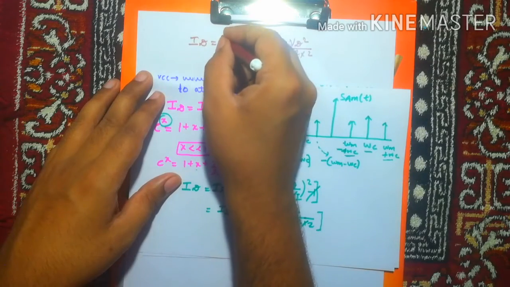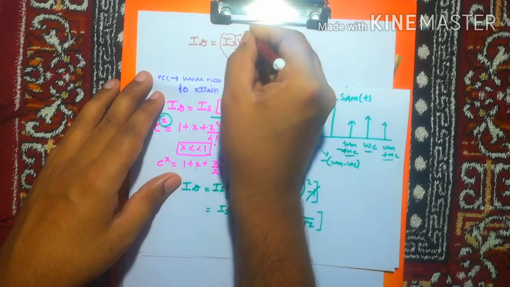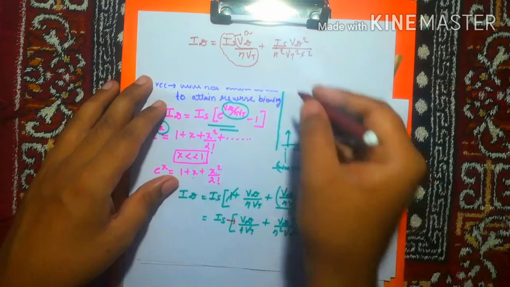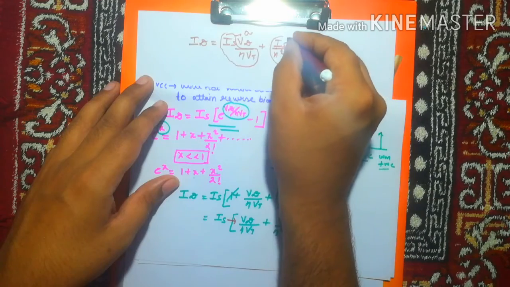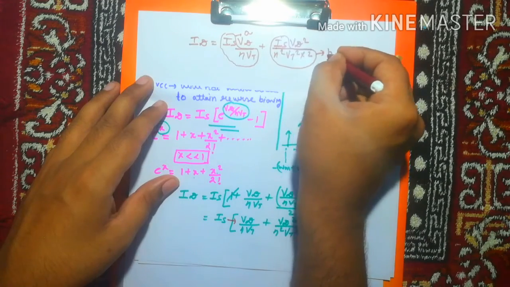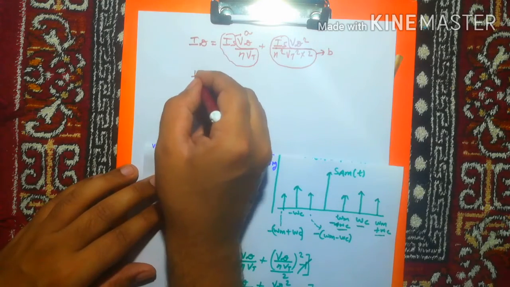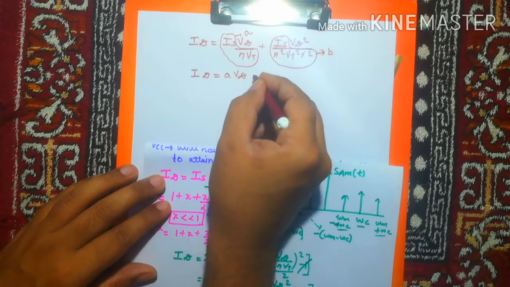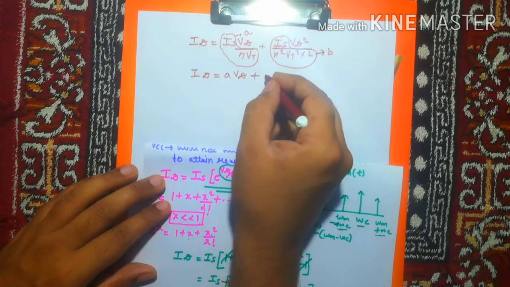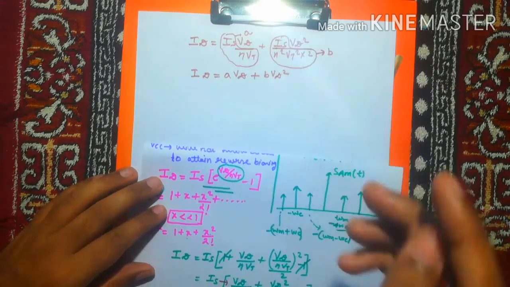Let's take this term, Is upon eta Vt, as A, and this whole term as B. Then the equation becomes ID equals A into Vd plus B into Vd square.